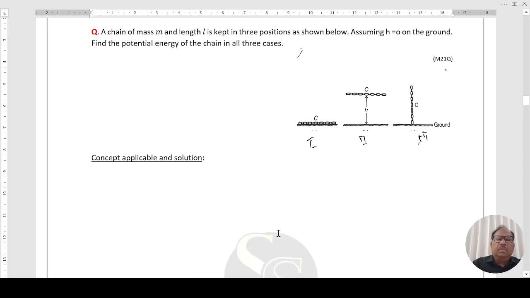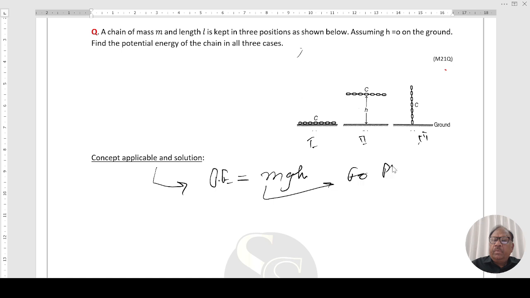Concept applicable and solution. Potential energy is given by mgh. This is for a point mass.